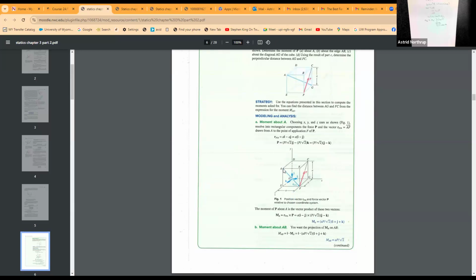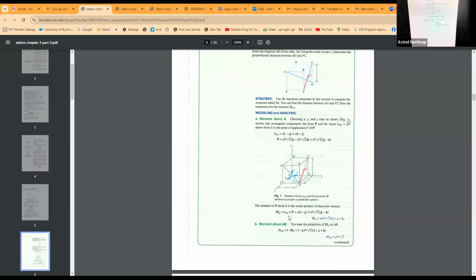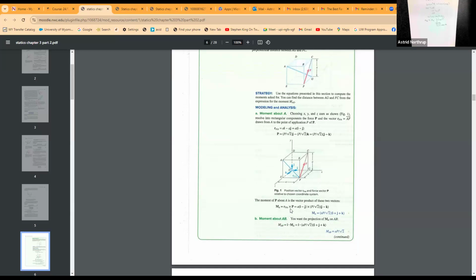So A sub B is going to have some dimension in the X direction only. It's horizontal. So the vector A sub B is just going to be 1i, right? Because it just has an i component.